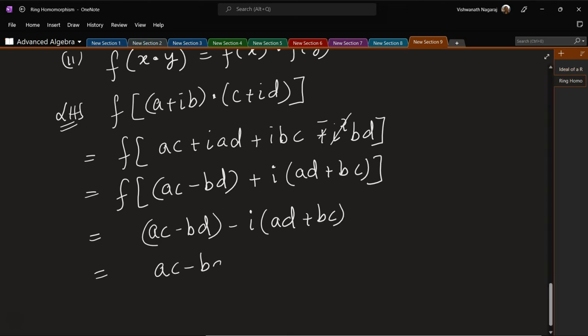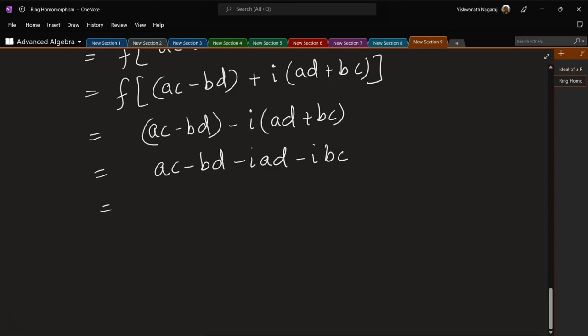AC minus BD minus iAD minus iBC. Now let's see here, A is common. So let's take A out and write it as C minus iD. In these two cases, B is common.